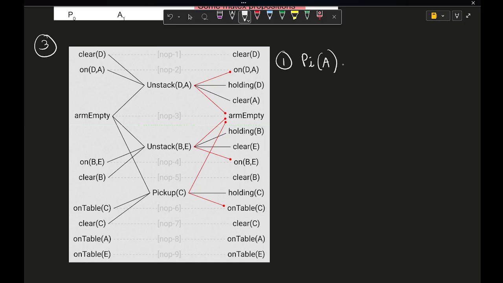So what does pickup A have as preconditions? Let me write this properly.